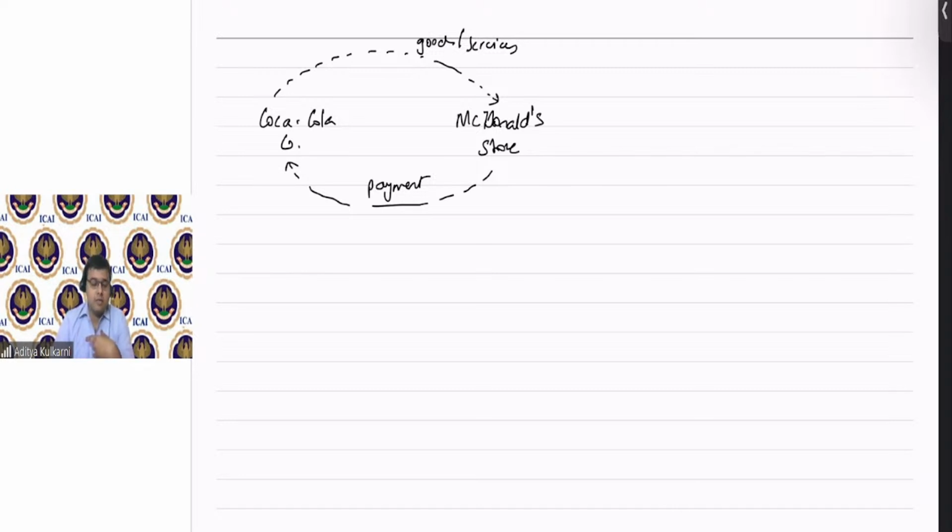What is there in that for me? Why should I do so much work for you when at the end of the day, all I'm doing is selling your beverage? For all that I know, I can just buy beverages from a local grocery store, keep it and sell it off to the customer. Why should this deal of exclusivity be given to you? You have to provide something for me.